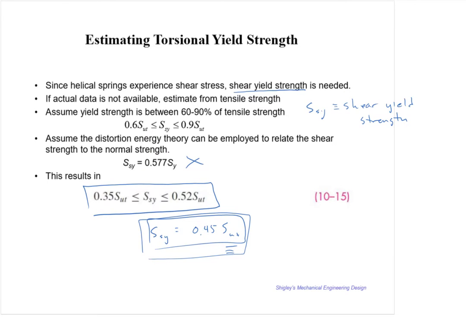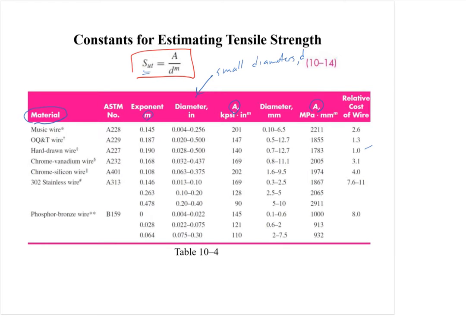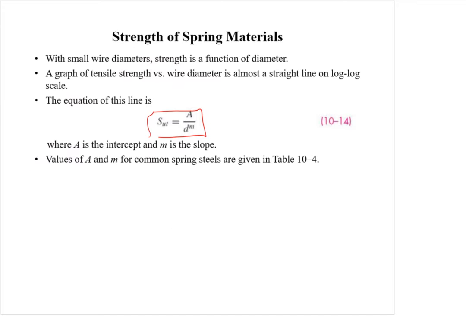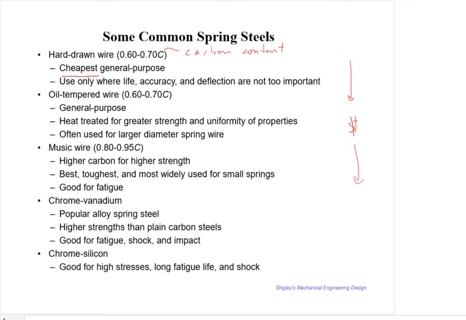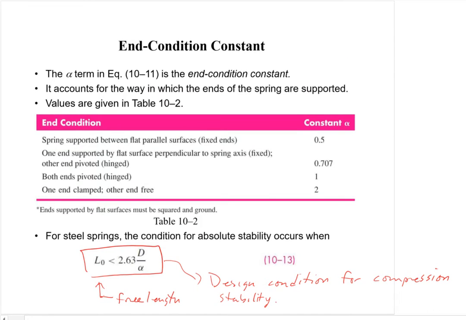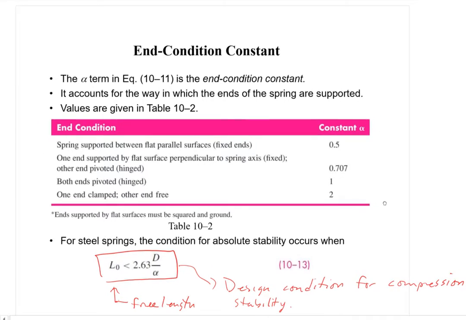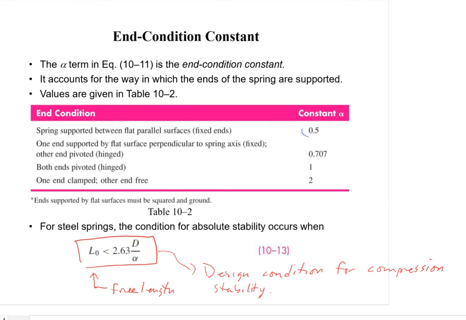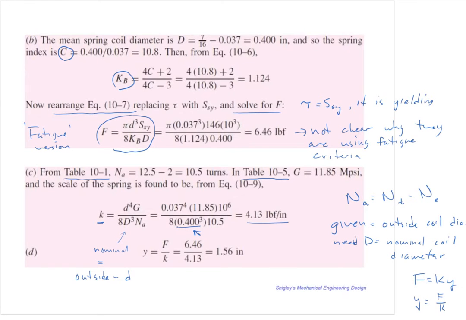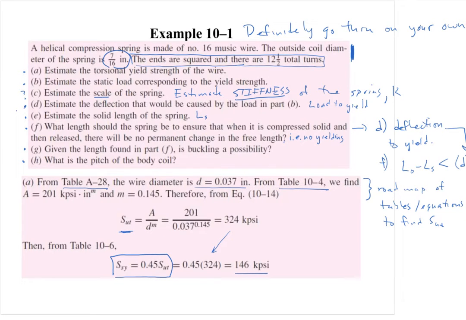Let's back up a couple. I'm just curious. That's not it. Constant alpha. They're using 0.5. If we go forward, they don't really say.